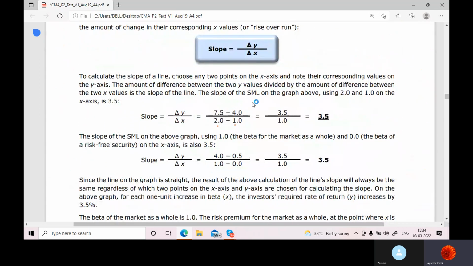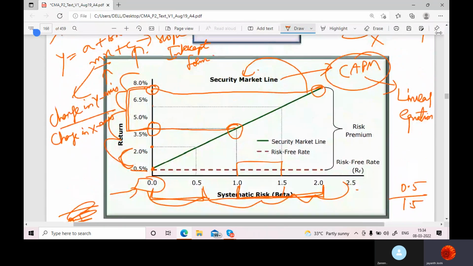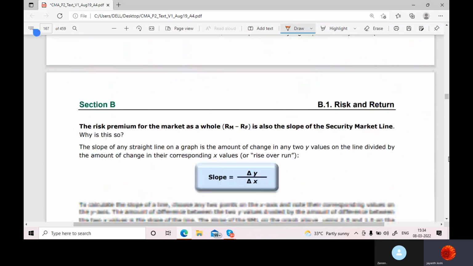The graph is not clear, but okay, this is 7.5 according to that.